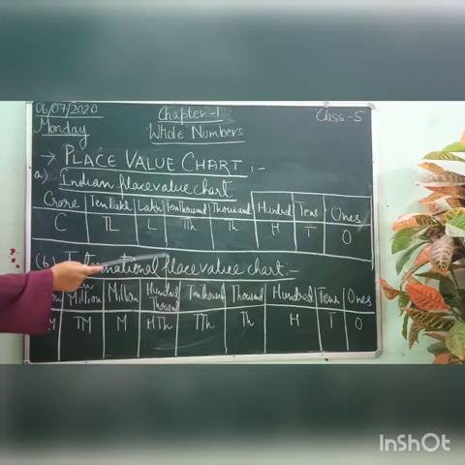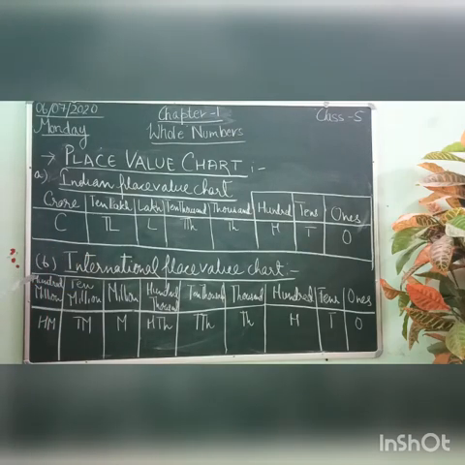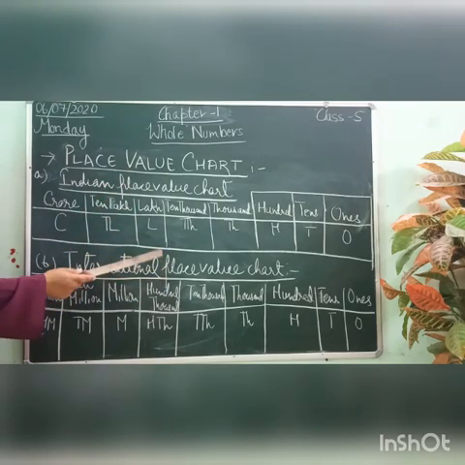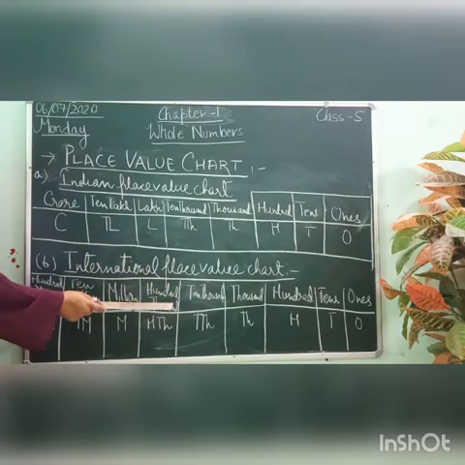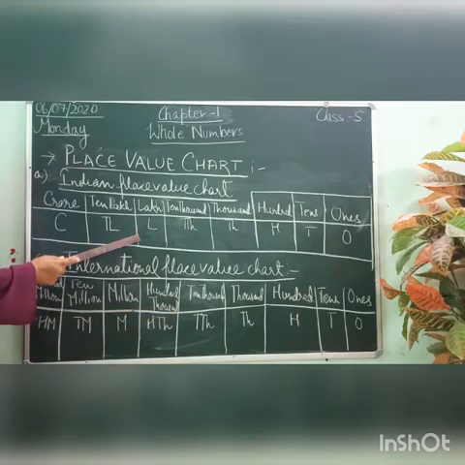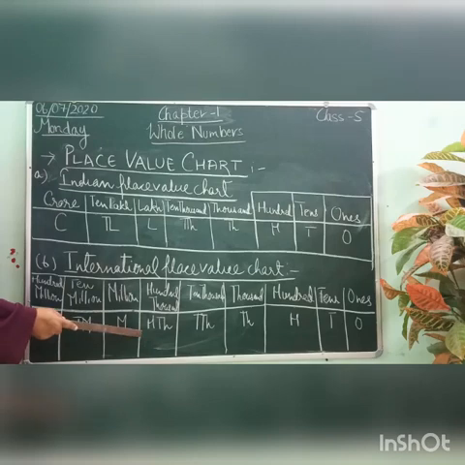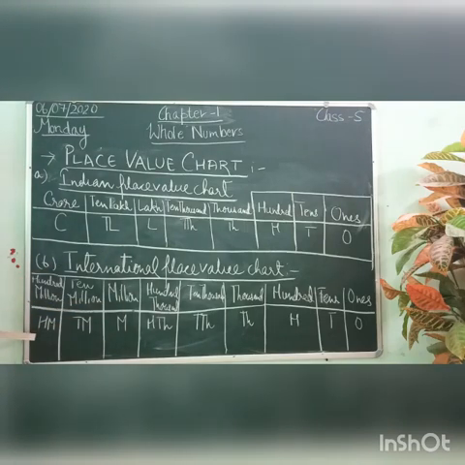Except for this, we don't have any period with three categories. But in the international place value chart, we start with ones, tens and 100, which are the same. Then 1000, 10,000. But after 10,000, what in the Indian system is lakh is called 100,000 in the international system. Then after 100,000 we have million, then 10 million and then 100 million.